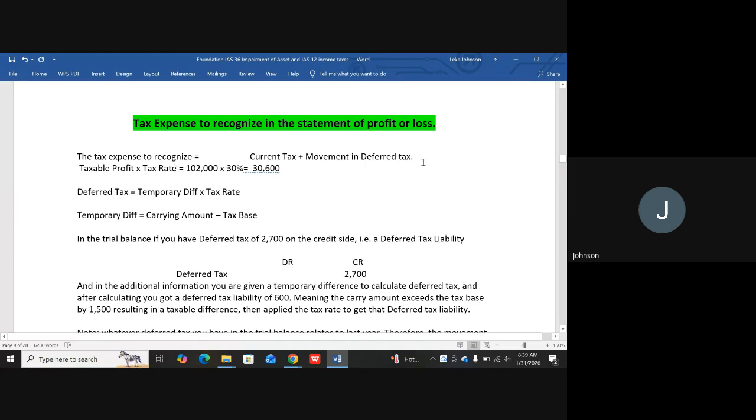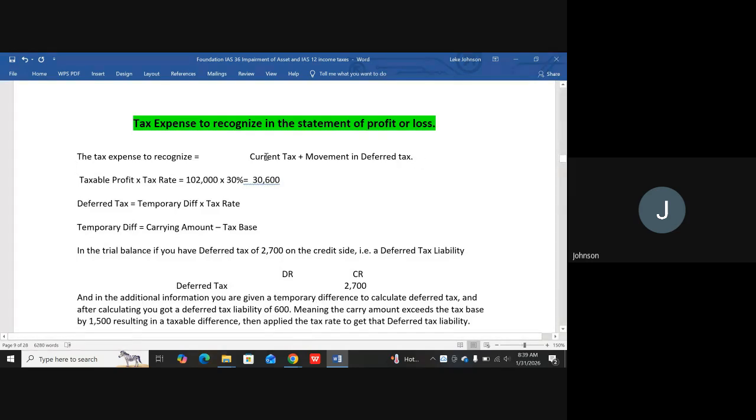So we are building on our knowledge. They say the actual expense to recognize in your financial statement, in your statement of profit and loss, the audited account, is always gotten by saying the current tax for the period plus the movement in deferred tax. So why are we calling it movement?